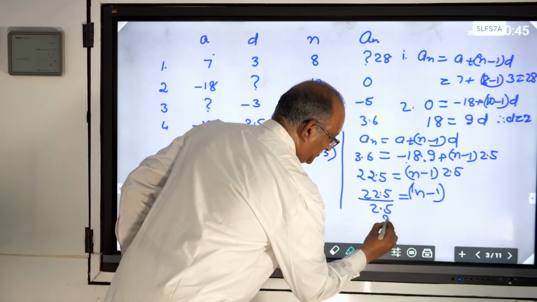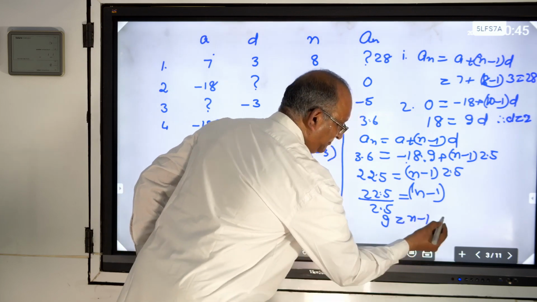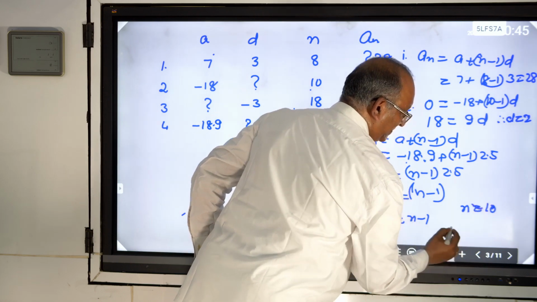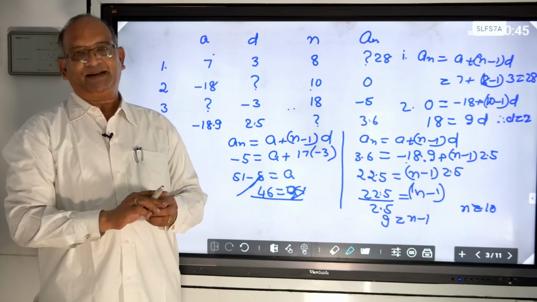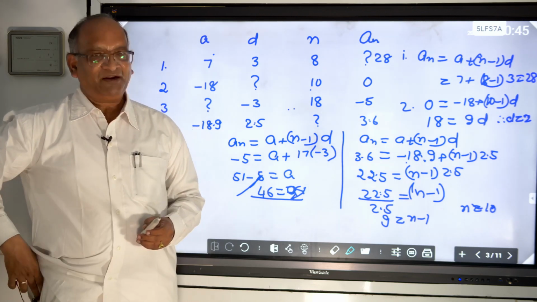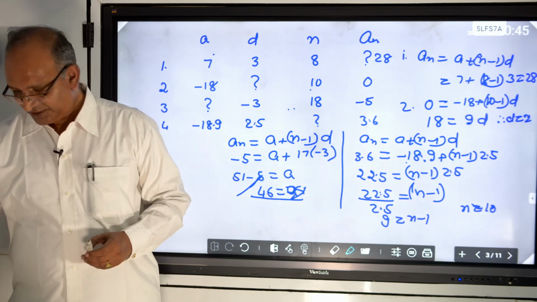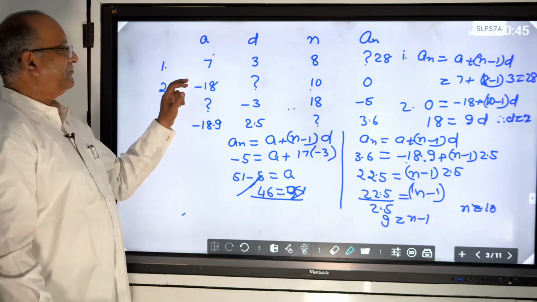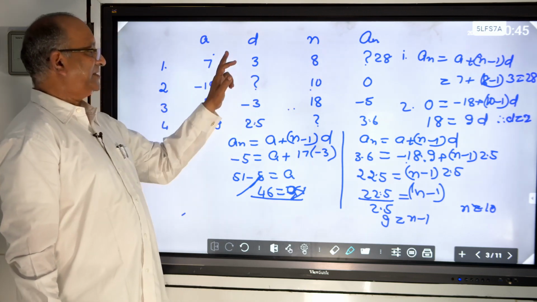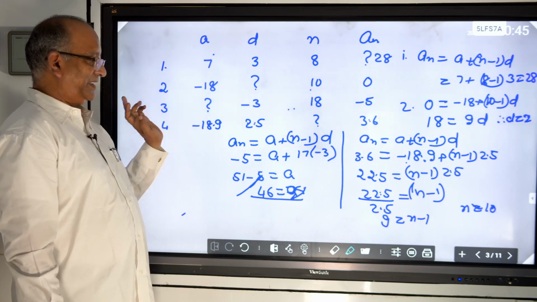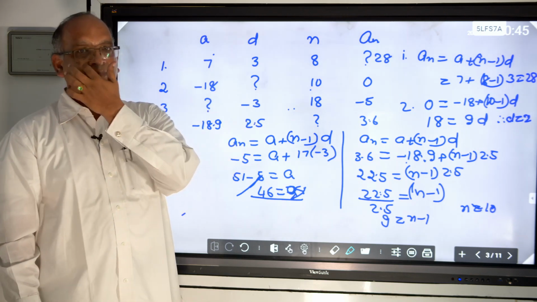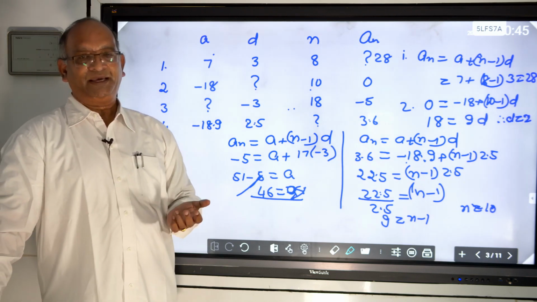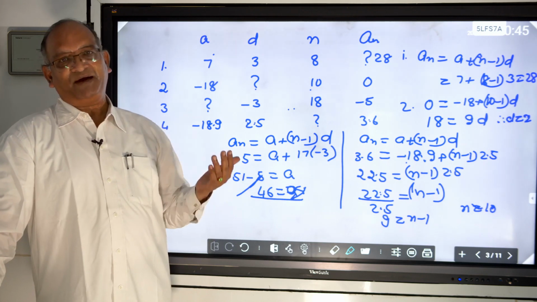So 9 is equal to n minus 1. Get minus 1 to this side, you will get the answer n equal to 10. So the number of terms are 10. So in this particular manner, we can find out the number of terms, and by using the same formula, whether it was an, whether it was d, whether it was a, or whether it was n, all 4 unknowns can be found when 3 of them are known. If 3 terms are known, then we can find the 4th term.